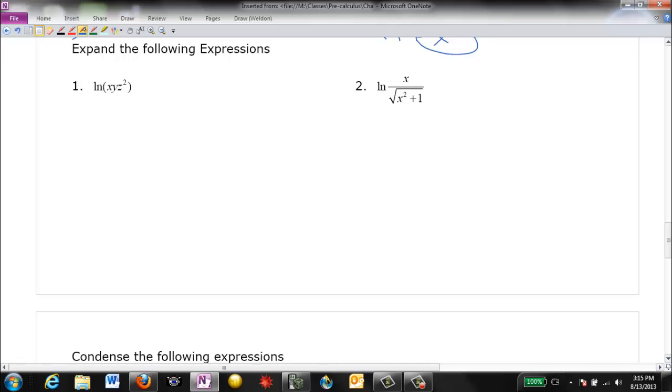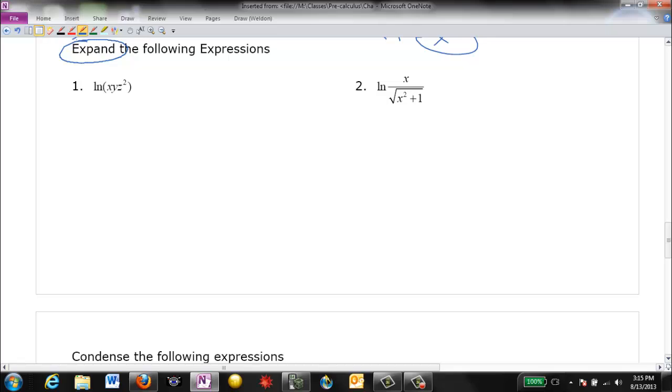You're going to see instructions that say expand, and you're going to see instructions that say condense. When they say expand, we want to split this up and make the expression as big as possible. When we say condense, we want to compact it as much as we possibly can, so we want to make it as small and tight as possible.